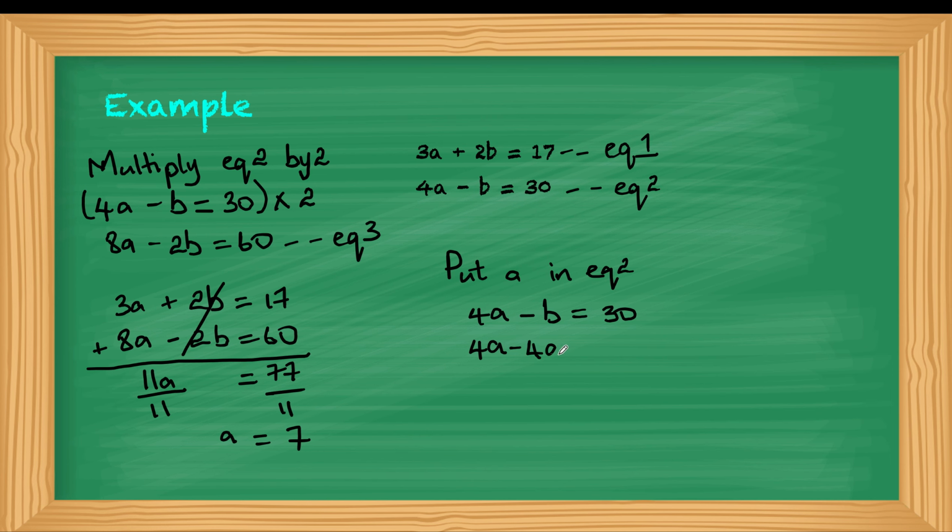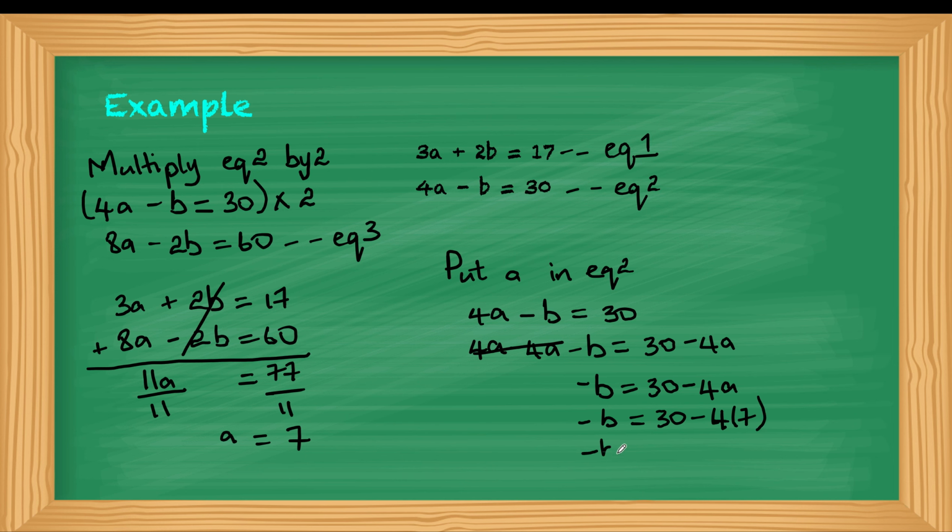from 4a over here, we're left with minus b, and we're going to do it on both sides, right? That will be gone. So we'll have minus b is equal to 30 minus 4a. Now remember, our a is 7, so we'll have 30 minus 4 times 7.